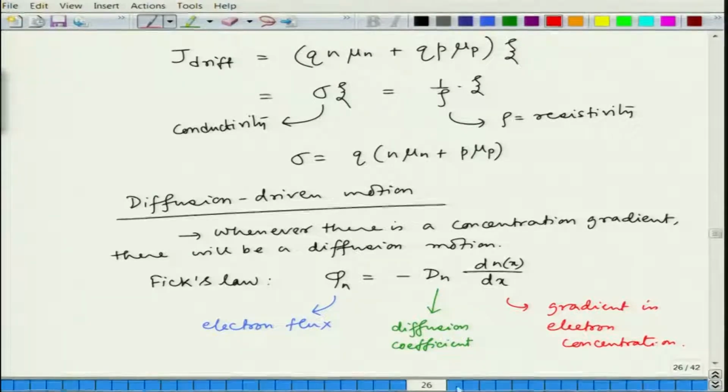So, now if we have this diffusion driven current, what we can write is the electron diffusion driven current density will be minus of q into phi of n, okay, because it will be carrying that much charge and the current density will be negative of that charge.